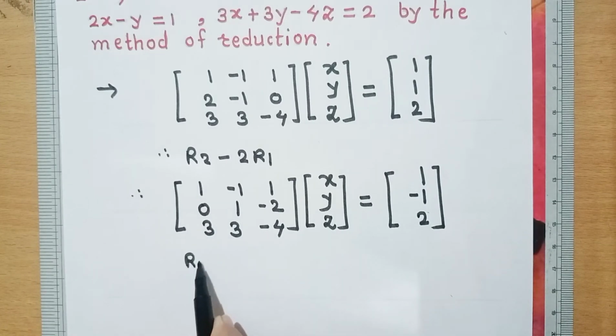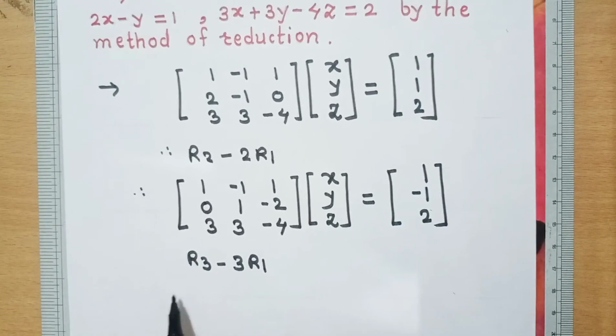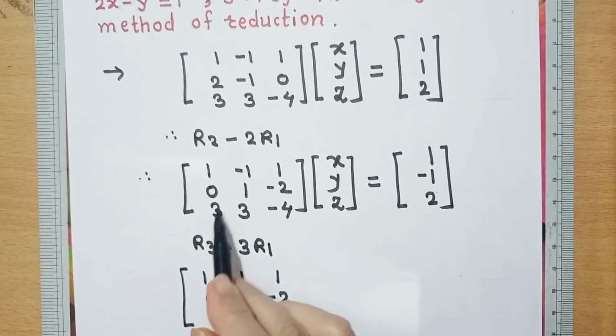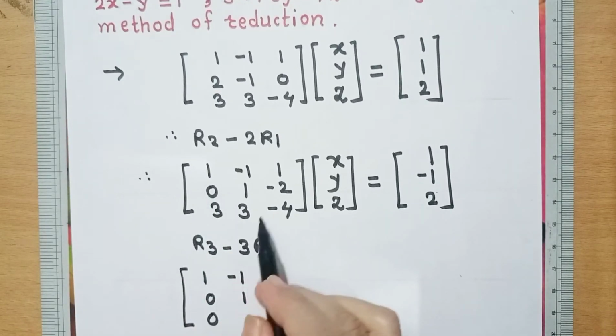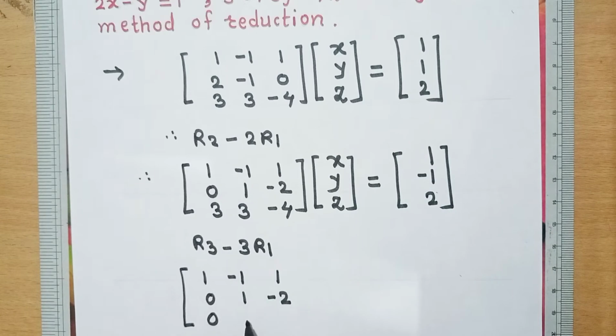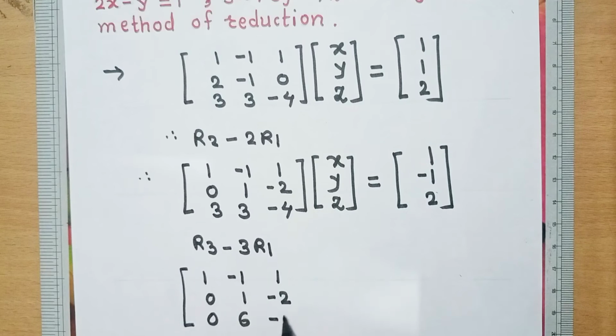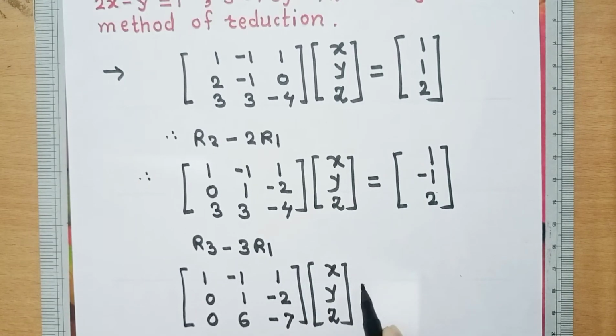So R3 minus 3R1 gives first and second row written as it is. 3 minus 3 is 0, 3 plus 3 is 6, minus 4 minus 3 is minus 7, and that is equal to 1 minus 1, and 2 minus 3 is minus 1.